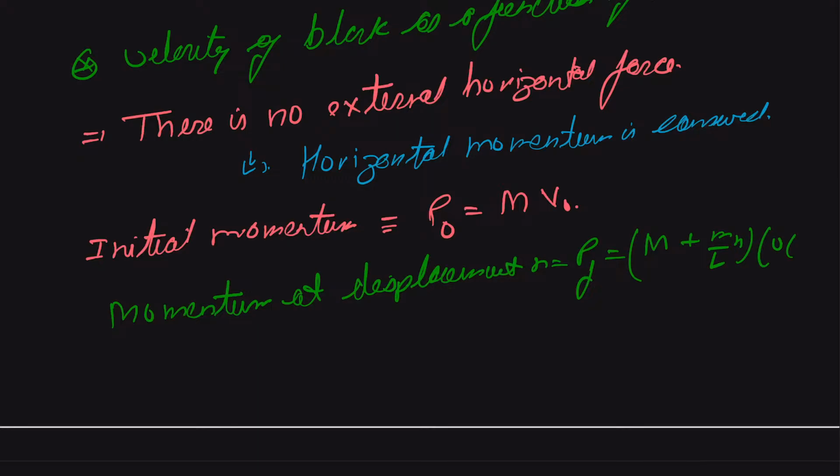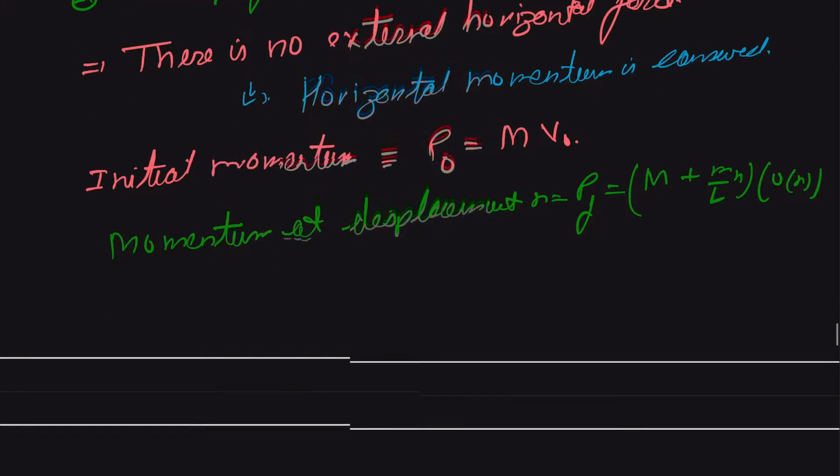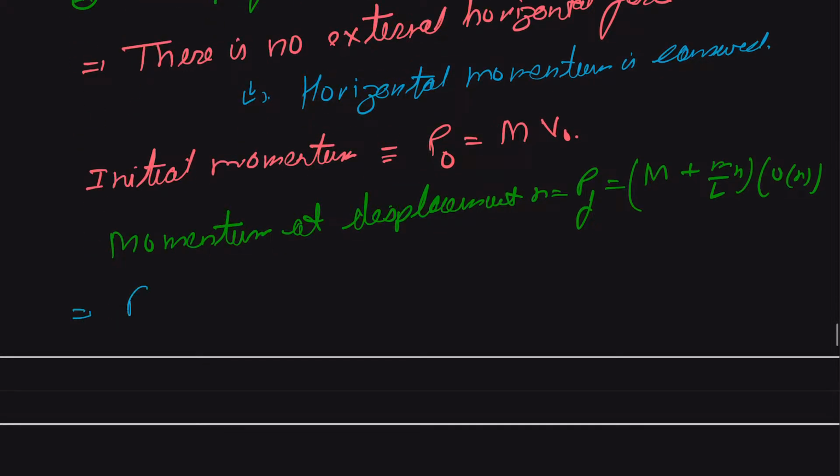Let us call this v, dependent upon x. And like we said, the momentum is conserved. Therefore p initial is equal to p final.